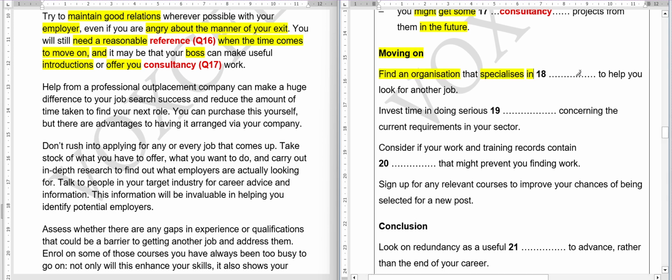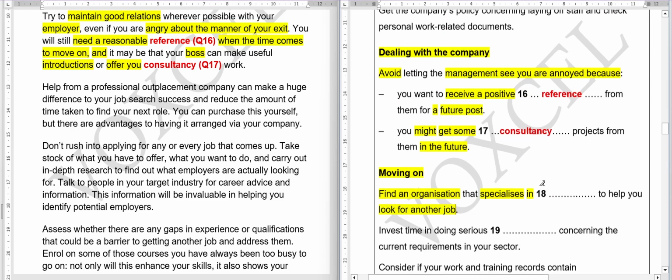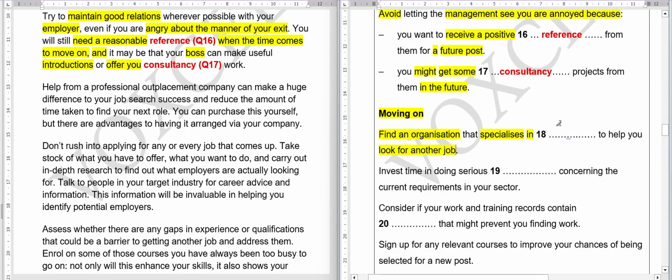There should be some sort of speciality here, like specializes in job placements, or in making resumes, something like that. Obviously these cannot be our answers because we have to write one word only. So we have to find a field in which an organization is a specialist.